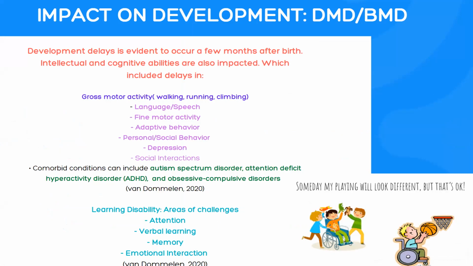There are comorbid conditions that can include autism, as well as attention deficit hyperactivity disorder, ADHD, and obsessive compulsive disorder. With learning disabilities, areas of talent and challenges that they notice with individuals with muscular dystrophy is that they have a hard time with attention, verbal learning, memory, and emotional interaction.